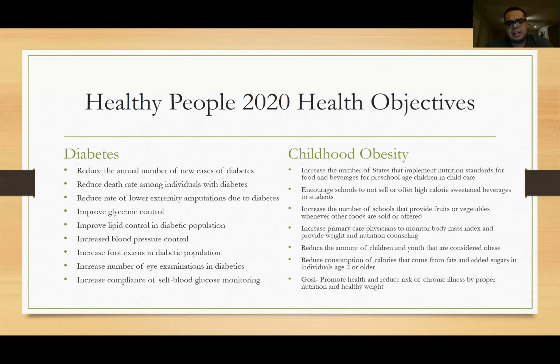For childhood obesity, for weight and nutrition, it included: increase the number of states that implement nutrition standards for food and beverages for preschool-age children in childcare, encourage schools to not sell or offer high-calorie sweet beverages to students, increase the number of schools that provide fruits and vegetables whenever other foods are sold or offered, increase primary care physicians who monitor body mass index and provide weight and nutrition counseling, reduce the number of children and youth who are considered obese, and reduce consumption of calories that come from fats and added sugars in individuals age 2 or older.